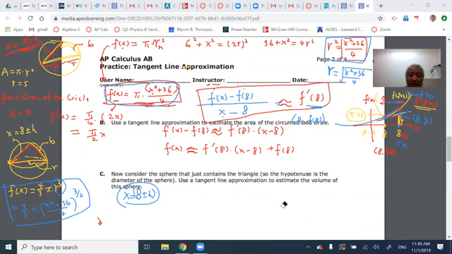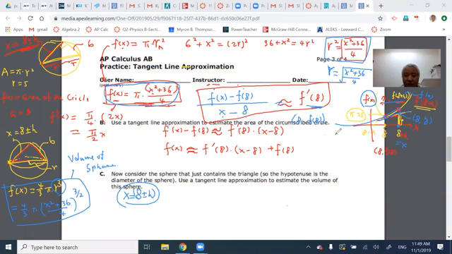The key concept here is this. We need to use what? We need to use, still here. But right now, f(x) is not the area of the circle anymore. It's what? The volume of the sphere. Okay?